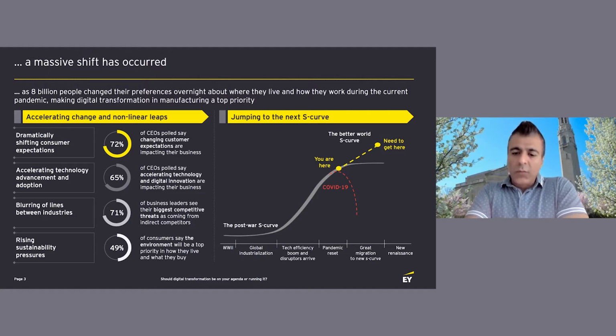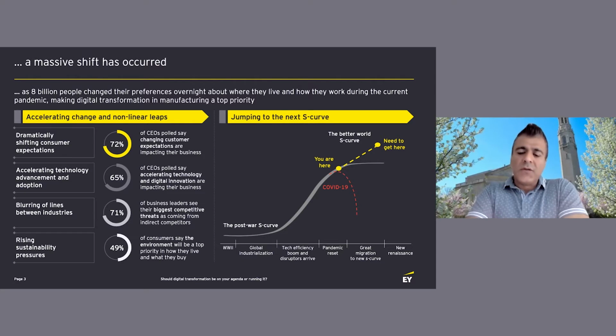What's interesting with the pandemic is as 8 billion people switch their preferences overnight about where they live and how they work, that's driven an unprecedented change in the future of work and created a significant digital divide between companies that had invested in digital capabilities prior to COVID or not. It was a wake-up call for most.